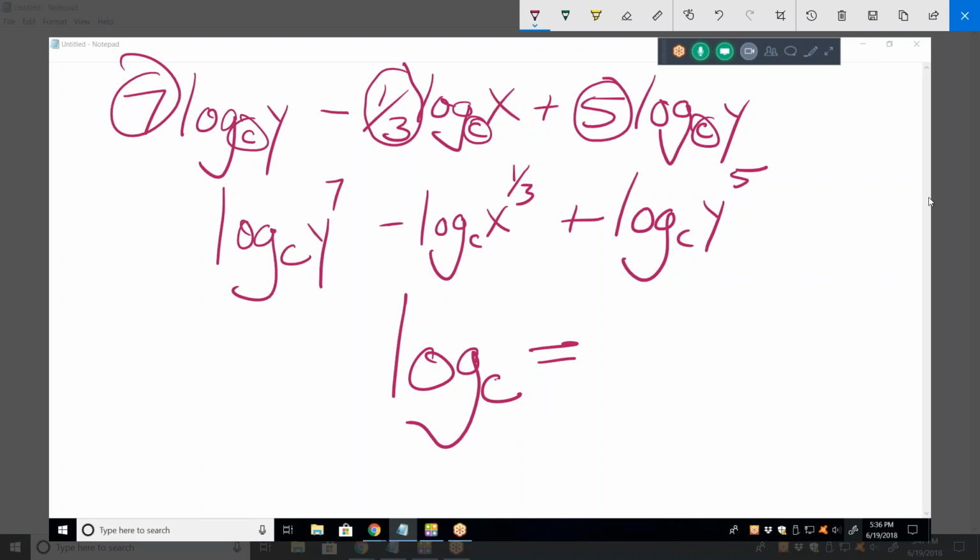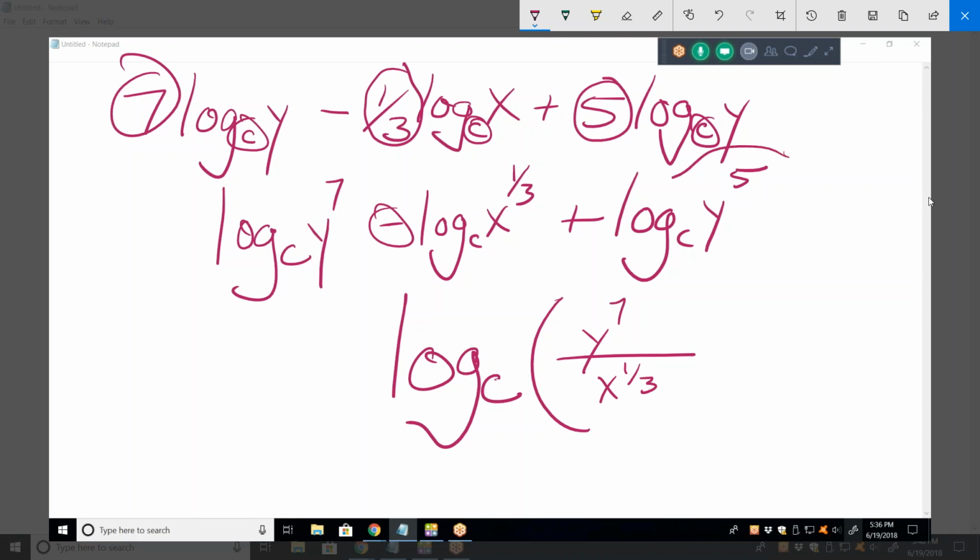So what I'm looking at is the log c y to the 7th is going to be over top of the rest of it, the numerator. There's division going on somewhere because of that. Correct. So it's going to be over x to the 1/3.